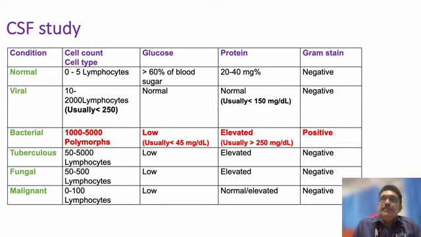Gram stain will be positive mostly in bacterial infection and negative in other types of infection. AFB stain will be positive in TB meningitis. TB PCR or GeneXpert can be positive in TB meningitis. Malignant cells can be positive in malignancy-induced meningitis. KOH smear or fungal smear and India ink preparation can be positive in fungal meningitis.